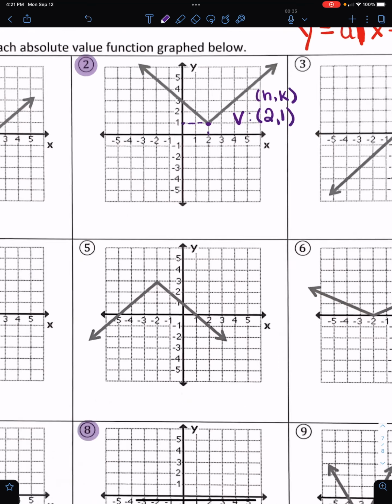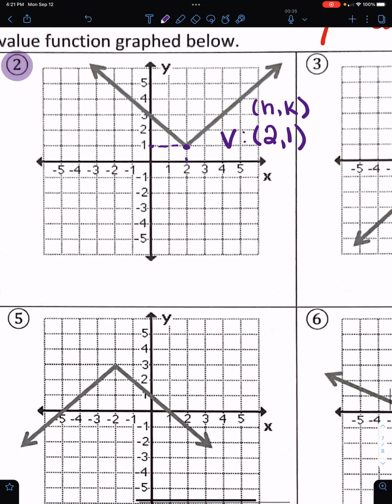So I'm going to go ahead and zoom in on this one so we can look at a couple of pieces. So I'm going to be looking for the a value, I'm going to be looking for the h value, and I'm going to be looking for the k value. All right, so when I'm looking for the a value, that is when I'm going to start at the vertex, find another point on my graph, and I am going to find the slope of those 2 points, okay?